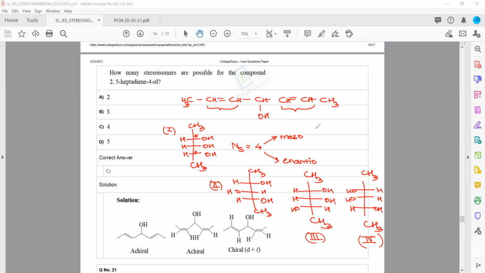Yes, sir. So if you do not consider this as chiral, and if you just apply the formula of two stereo centers and a symmetry, the answer which you will get will be 3, which is going to be wrong, because this carbon can have the H and OH on the left and the right.